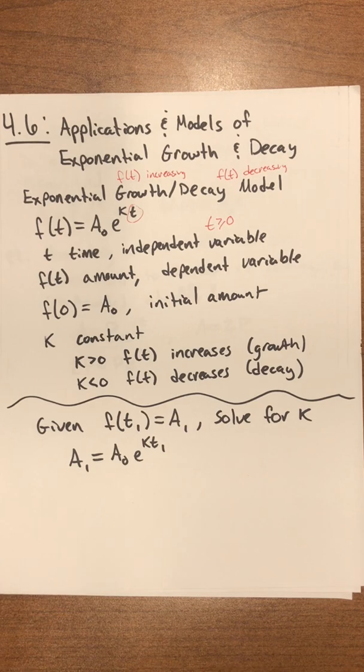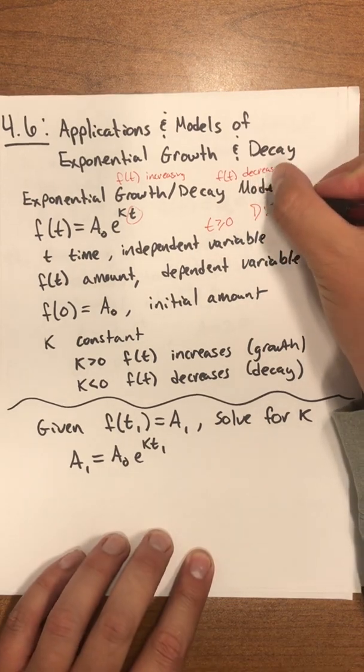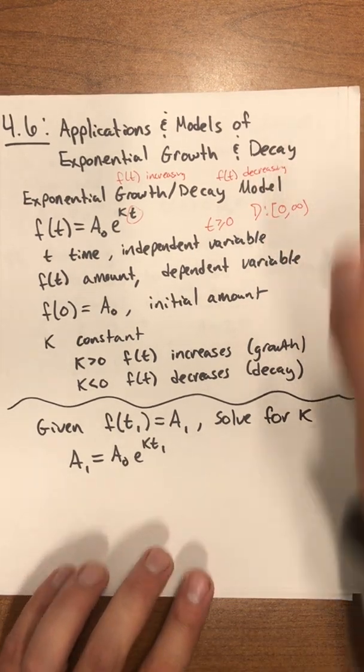So the exponential function without application has a domain of all real numbers, but in exponential growth or decay, we're specifically saying that t is time. Time is non-negative, so we need to make a note that the domain is 0 to infinity.